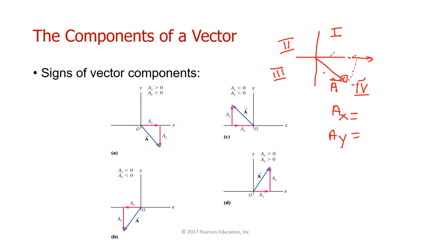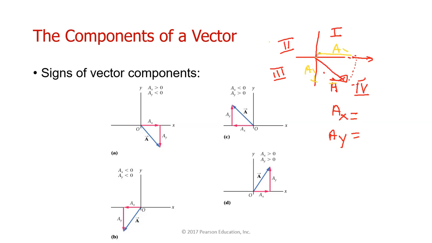Then you would see from here to here as Ax, and then with the small angle you rotate up to here, and you would see this as Ay.